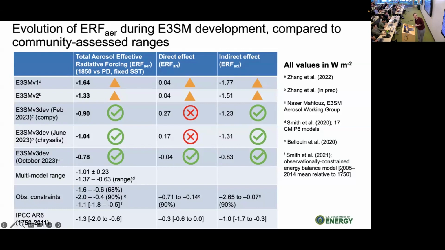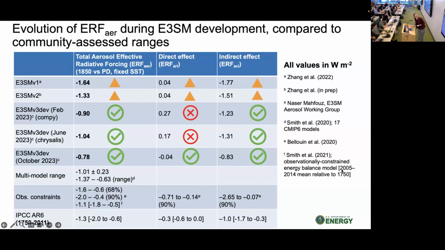But we also had a much too strong present day aerosol burden. So there was a high bias in the PDPI aerosol difference in V2, which also contributed quite a bit to the overly strong aerosol indirect effect.